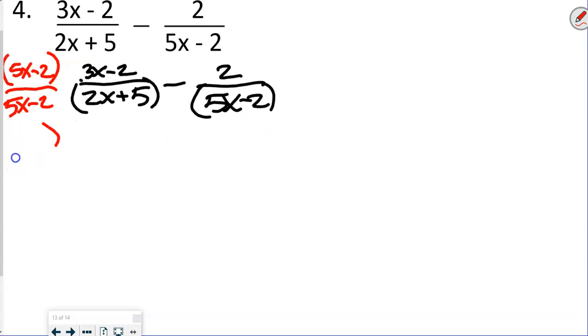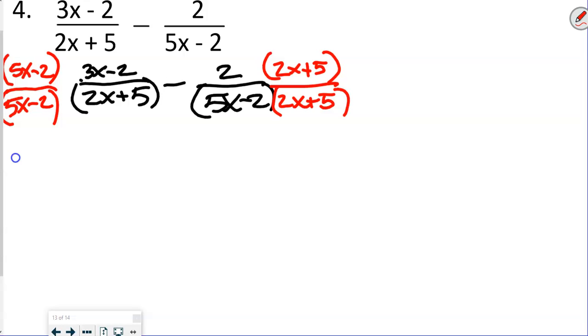Oops. I don't know how that happened, y'all. And then this one over here, I'm going to do the 2x plus 5. So 2x plus 5 over 2x plus 5. So I'm going to go ahead and multiply this out and see if we can get anything to cancel out or simplify.